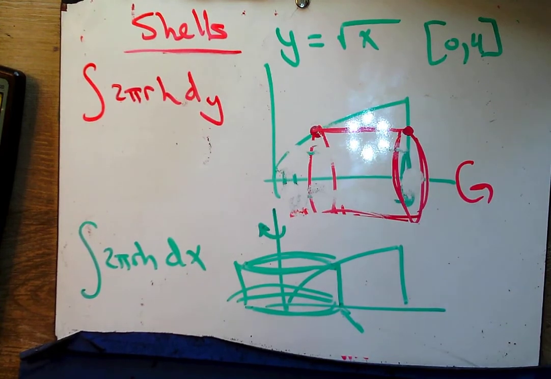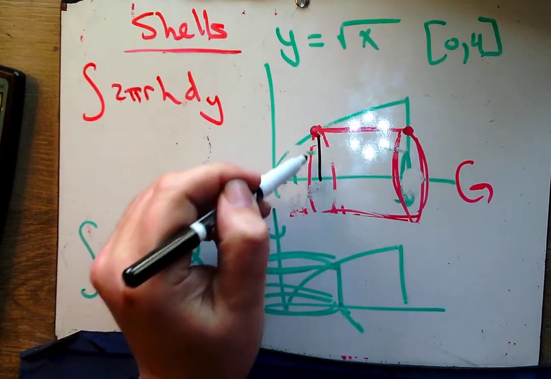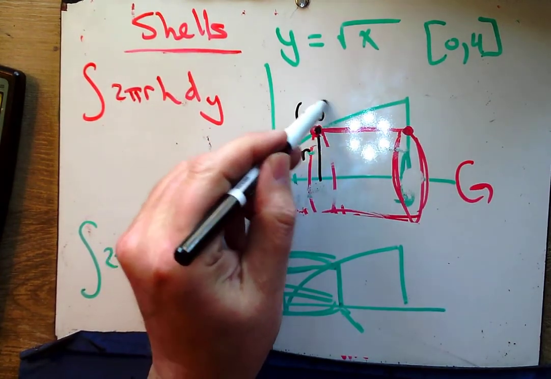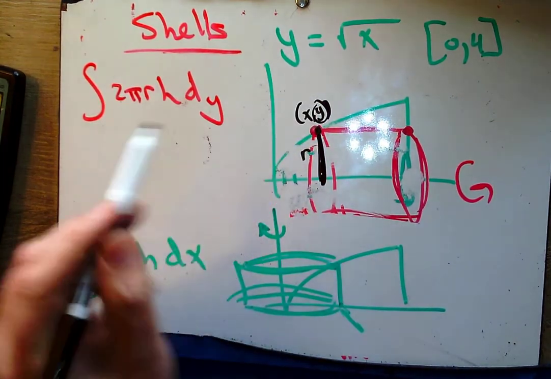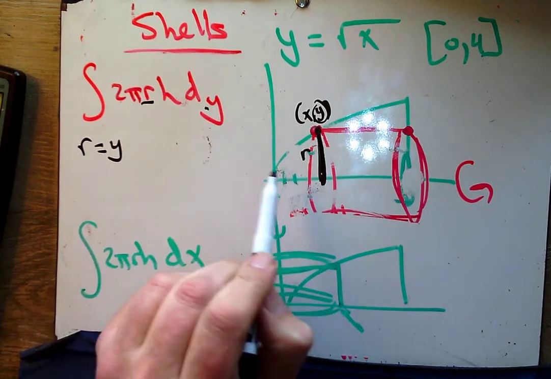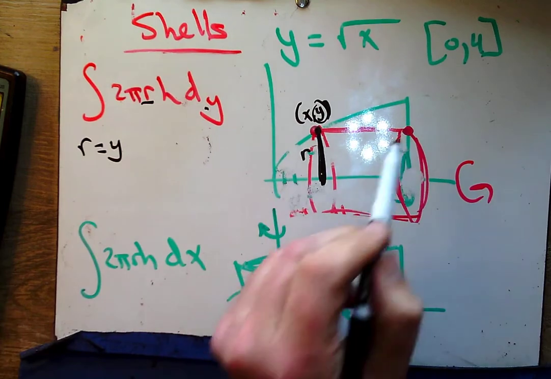Well, let's see what we can figure out about these shells. Okay. Now, this is the radius. And we know there's an ordered pair here called xy. And this distance is y. So r equals y. And we just love that because that's dy. Okay. Now, what about the height?